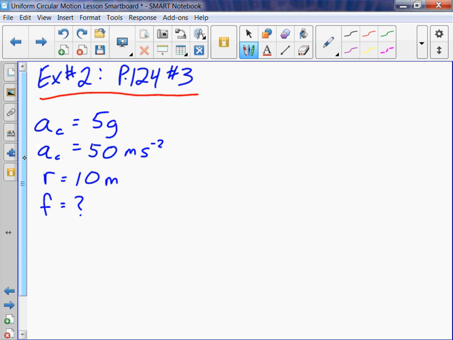Yeah, so we use equation number 3. No, 5 Gs. 5 Gs worth of acceleration. Meaning 5 times the... Gs is lowercase. Times 10. Yeah.